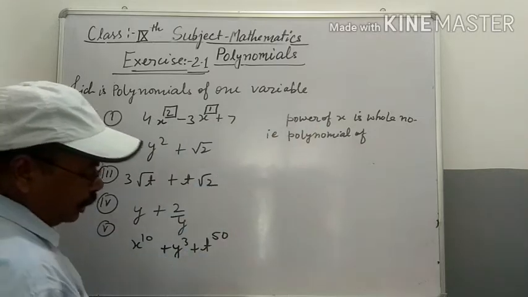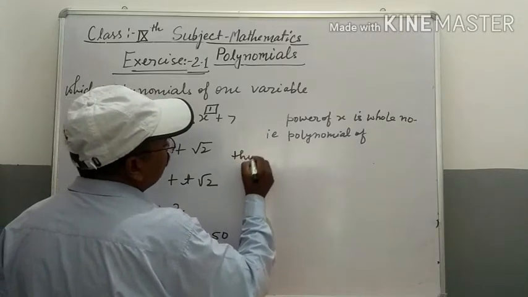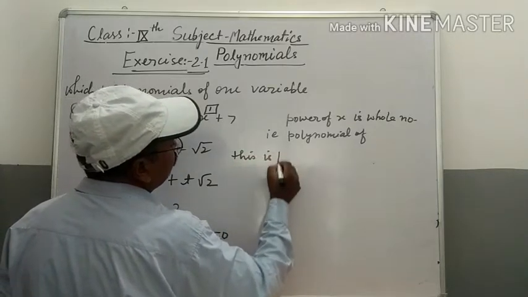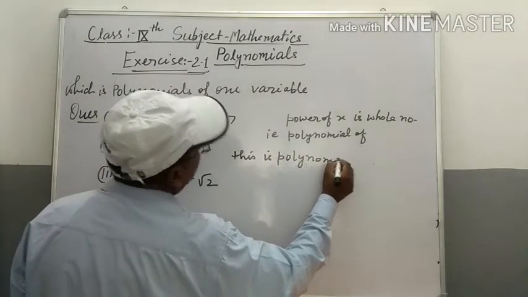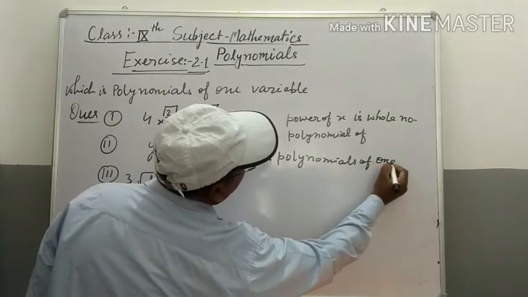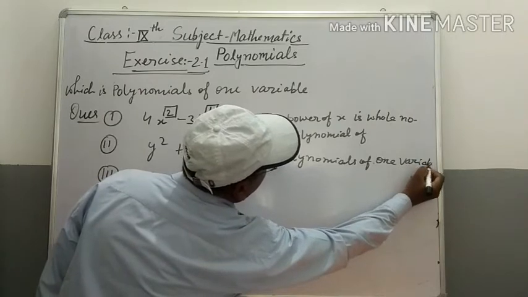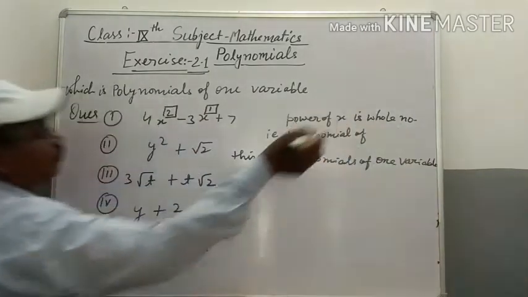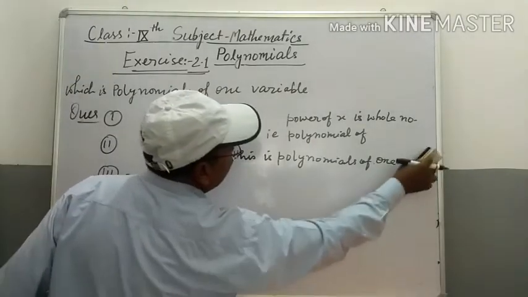So this is a polynomial of one variable.